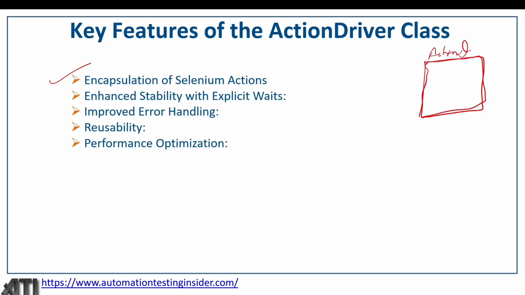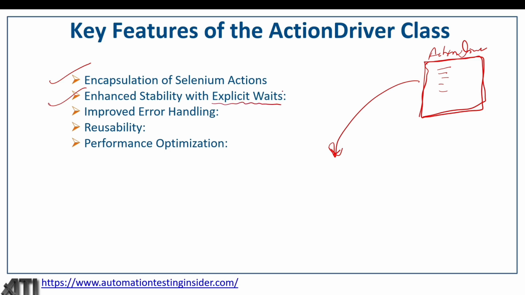We keep all the methods inside this ActionDriver class, and we don't know what is written inside those methods, so those are encapsulated properly. We follow this OOPS concept over here, and whenever we call those methods, we don't know the inner logic or how it is written inside, right? So that is the encapsulation of Selenium actions, and enhanced stability with explicit waits.